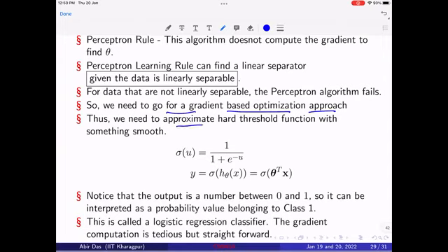Thus, we need to approximate the hard threshold function with something smooth. That hard threshold was the culprit, not letting us get the gradient.